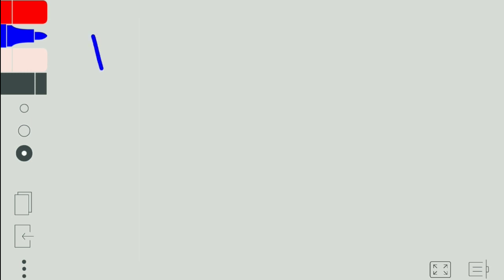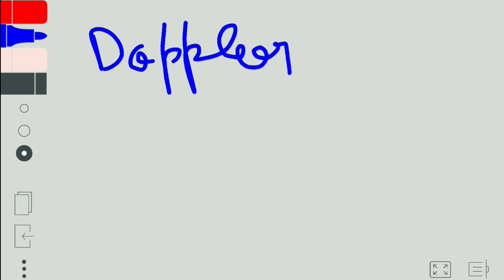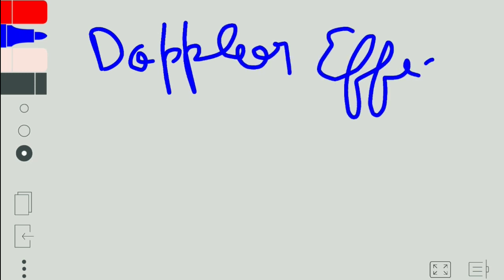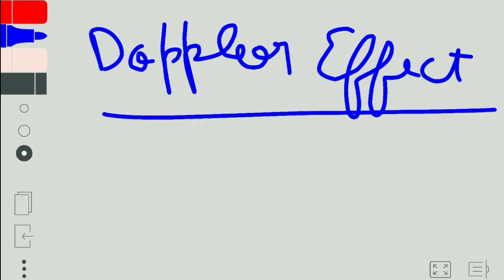The Doppler effect. So what is the Doppler effect? In reality, say an aircraft from a far side is coming near you.